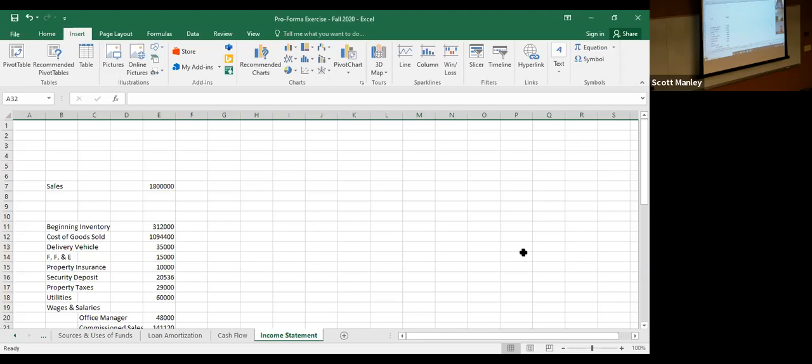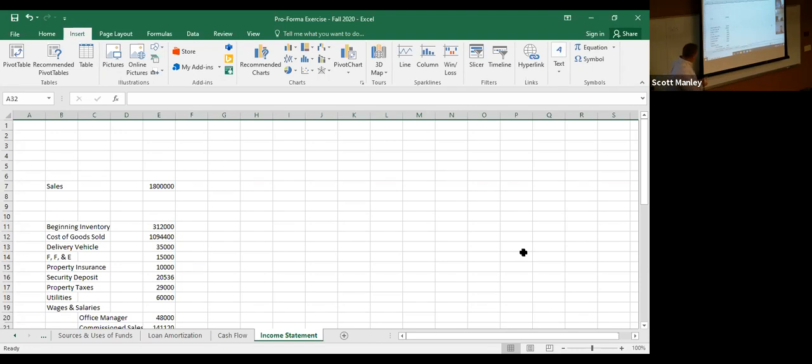Are you with me? I've got to write it over here, in the middle. Sales minus COGS equals gross profit. I'm really abbreviating. Minus operating expenses equals net profit. Right? That's nothing new.